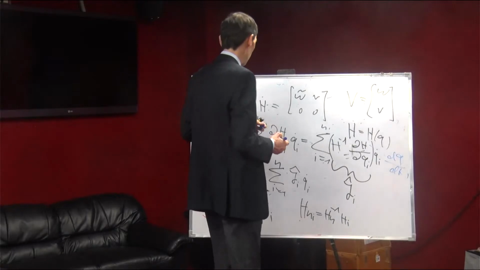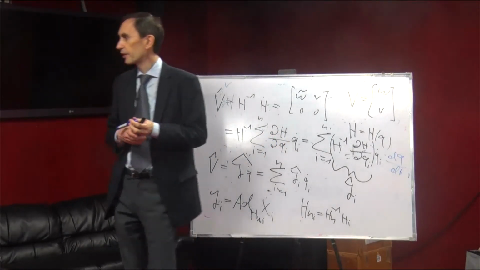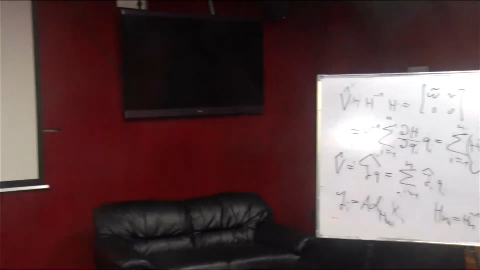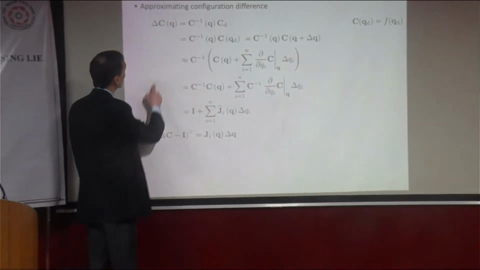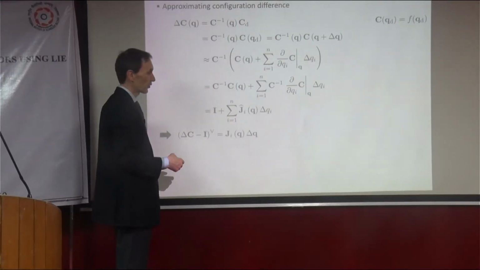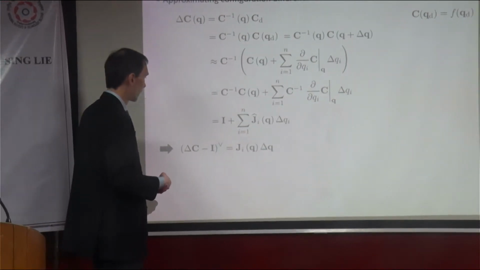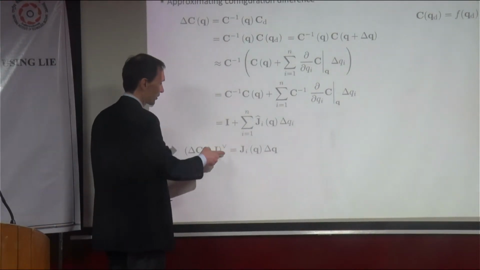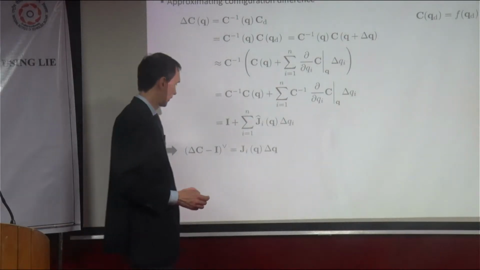So the V operator takes a 4x4 matrix, and delta C minus I is also a 4x4 matrix by definition, and I extract by this V operation the corresponding 6 vector.